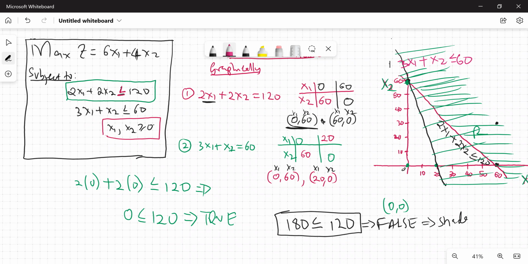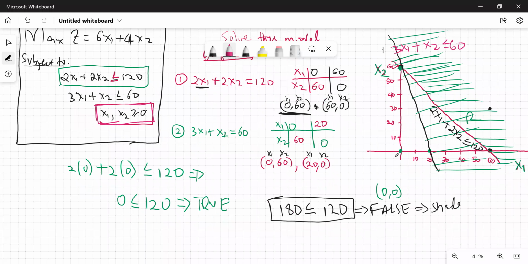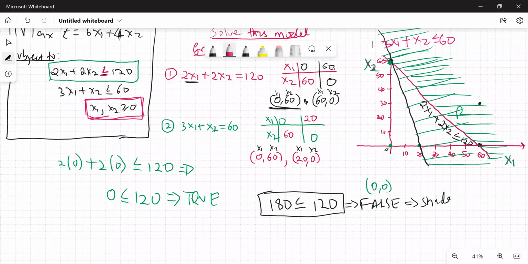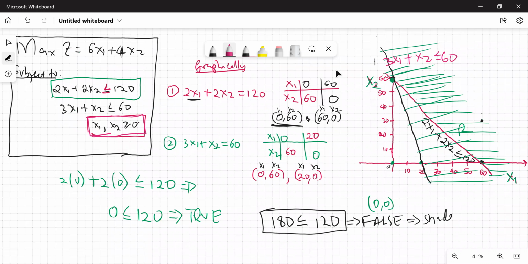Then finally, we need to shade for these two. X1 is greater or equal to 0. And where do we shade? You extend this line like that. X1 greater or equal to 0, you are shading this side.